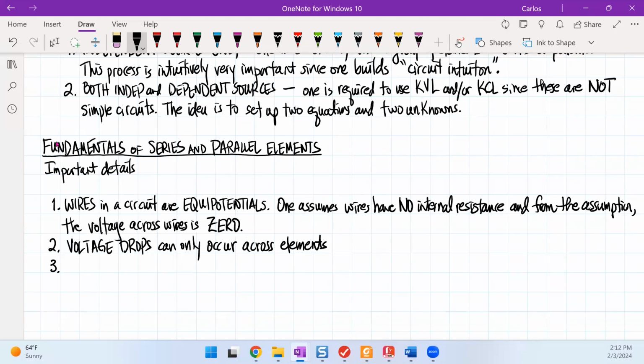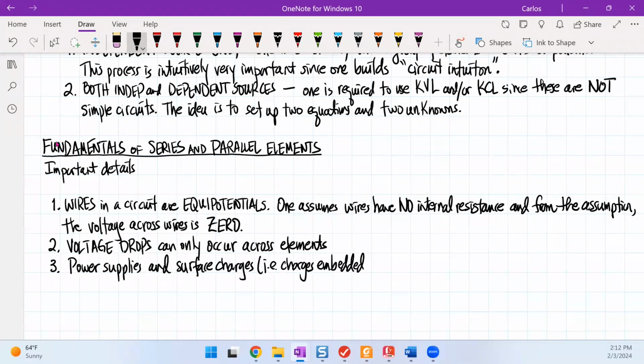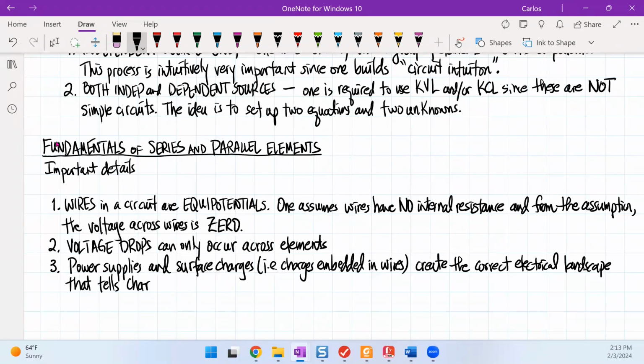Three, power supplies and surface charges, in other words, charges embedded in wires, create the correct electrical landscape that tells charges how to move.